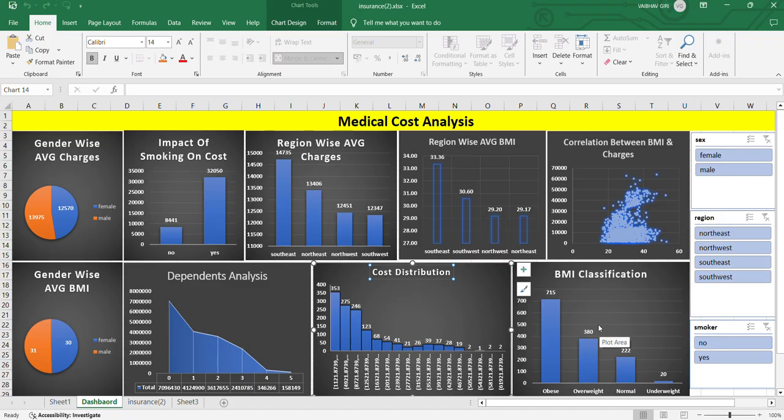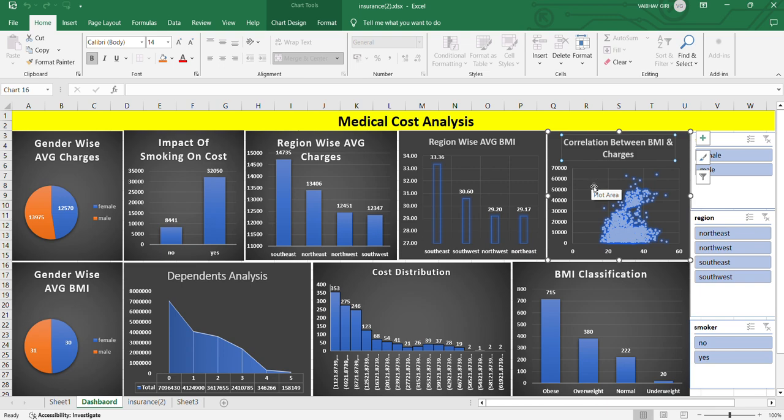Then we have the correlation between BMI and medical cost. We created a scatter plot, because a scatter plot is used to find the relationship between two variables, and that is BMI and medical cost. Surprisingly, we didn't find a strong correlation between them.